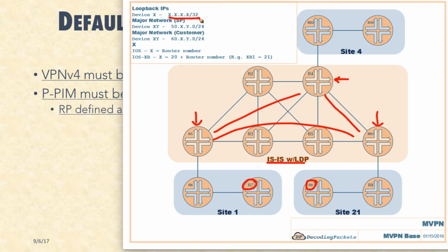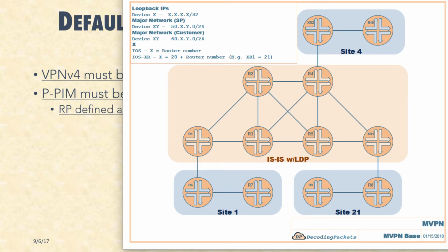So for example, R7 would be 7777, R9 would be 9999. In the case of XR, you just add 20 to the value. So in this case, for example, XR1 is 21 and XR2 happens to be 22. But let's go ahead and trace a route from R7 to R9 and see how that is going to work out.